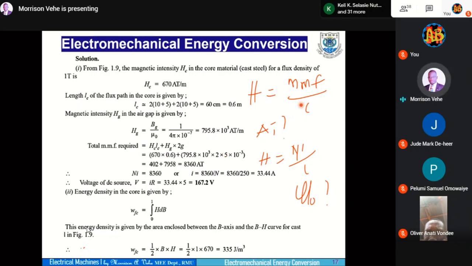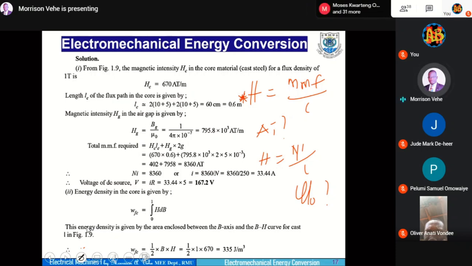From this expression, once your magnetic circuit is alive, you'll be able to do whatever you want.